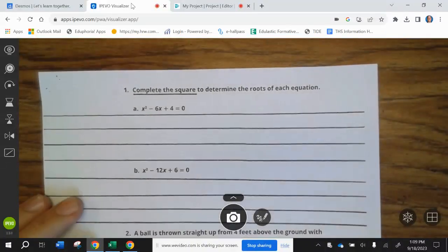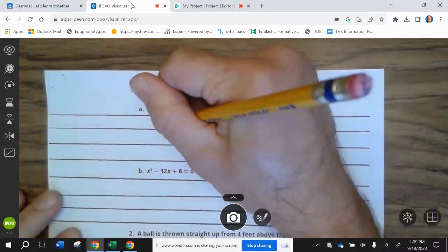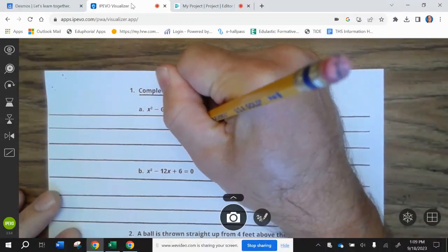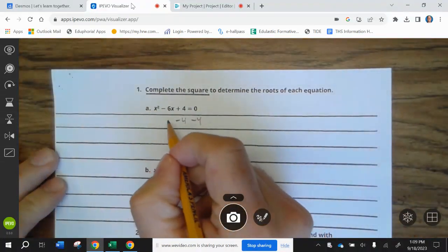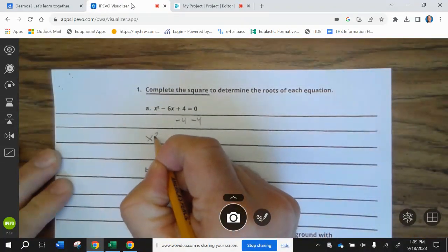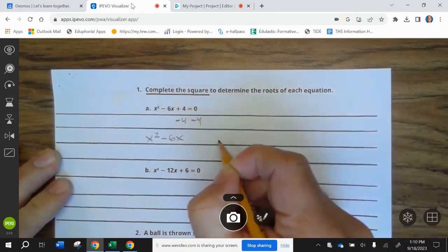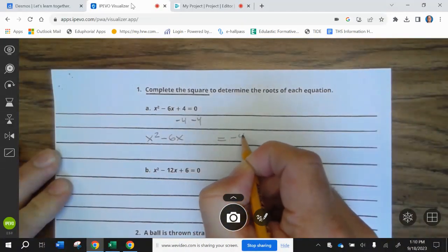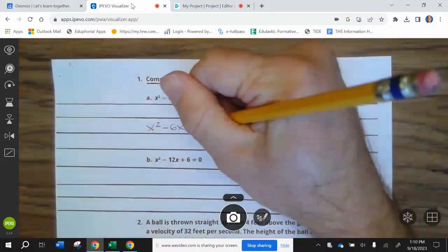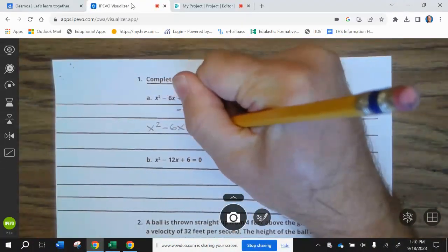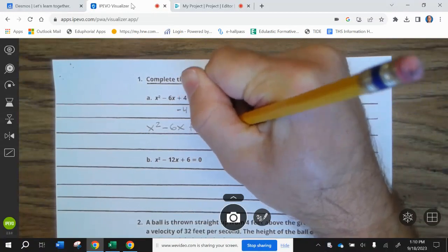All right, complete the square. So the first thing you need to do is subtract the 4 from both sides. So now we have x squared minus 6x equals negative 4. Now, to complete the square, we add negative 6 divided by 2 squared.